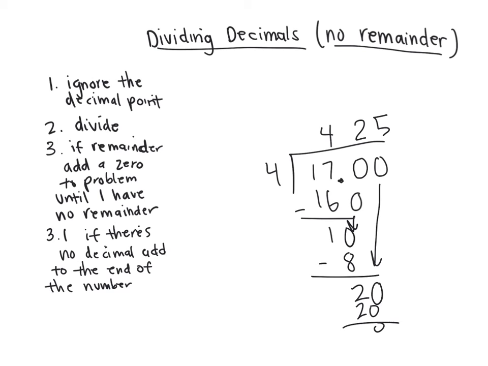I can add 20 zeros if I wanted to. And then I bring my decimal point straight up into my answer, and I will write that back on step 4: bring decimal straight up to answer. All right, so let's try that again.